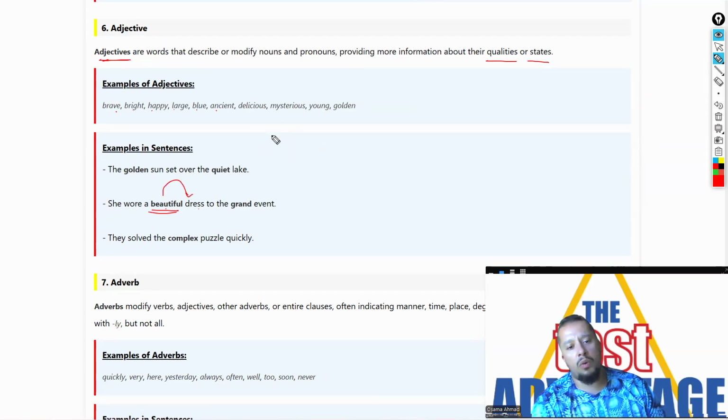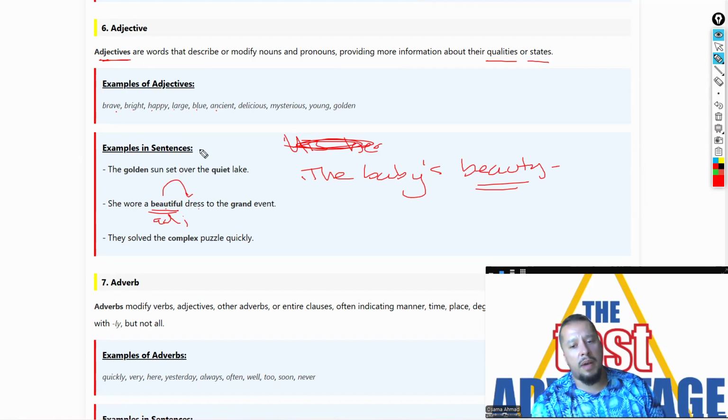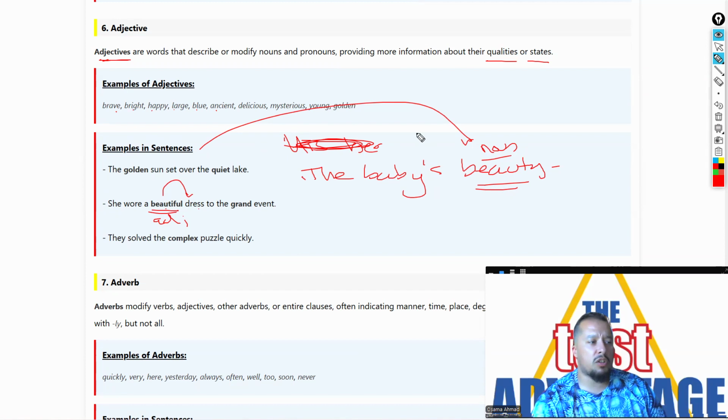But now, if we say, for example, the baby's beauty. So you see now, this adjective became a noun, right? So it's really important to watch out. There are different forms of the same word depending on its use.